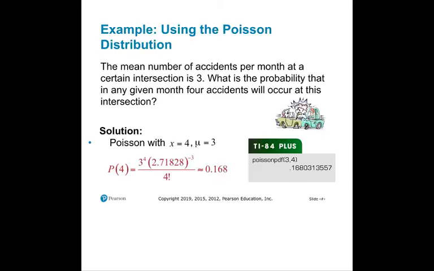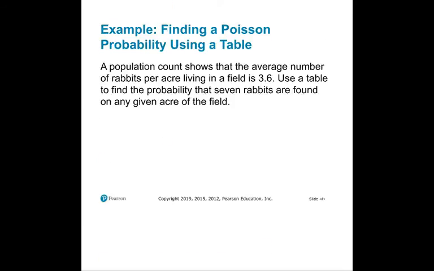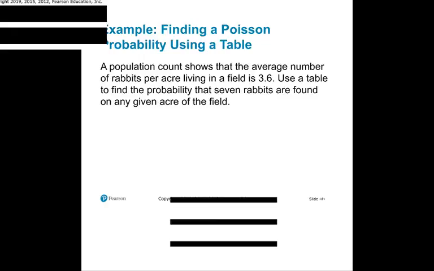All right, let's try that. Let's see what's next. Oh, so finding a Poisson probability using a table. So population count shows that the average number of rabbits per acre living in a field is 3.6. Use a table to find the probability that 7 rabbits are found on the acre field. Okay, so the mu is 3.6, and we want the probability that 7 rabbits.